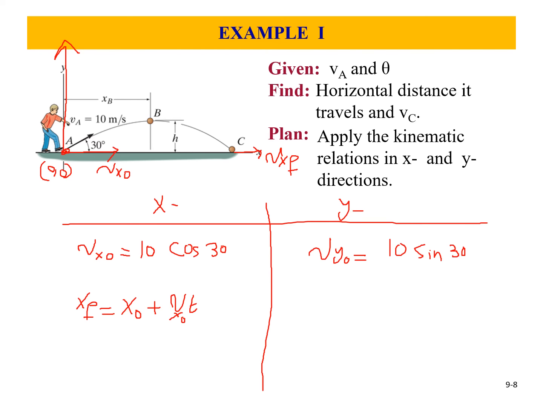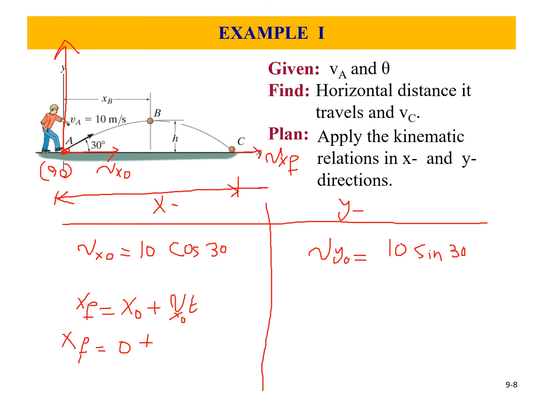Now, what happened here is x final, which is the distance. So this is the x final. See? This is the distance of x final. How much in the x-axis I'm going to move equals x0, which is 0, right? I'm starting from this point. Plus Vx0, how much is 10 cosine 30?